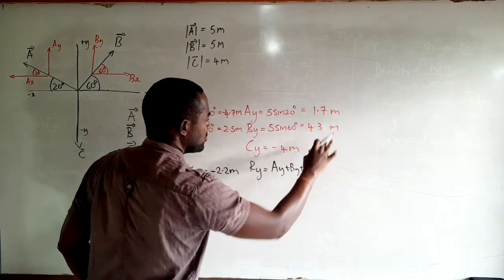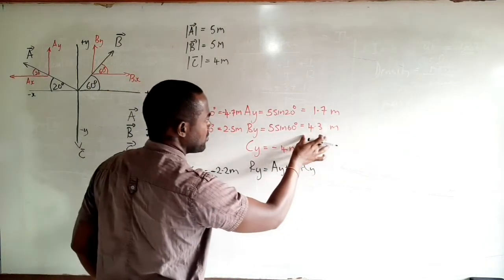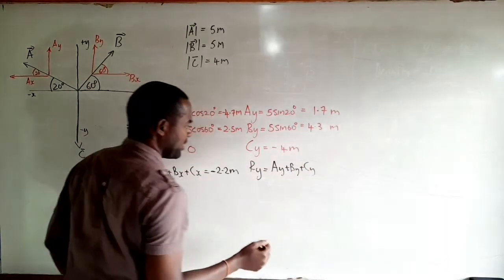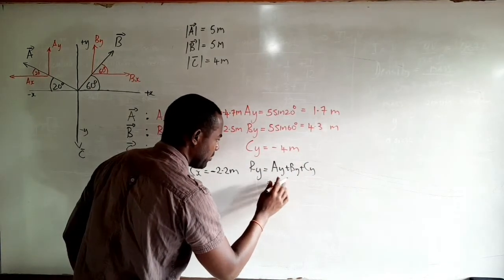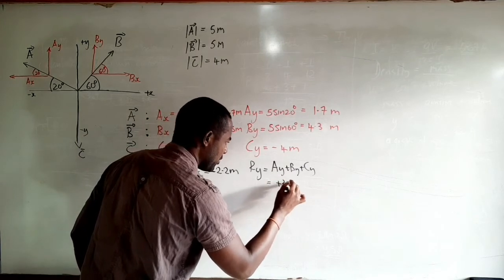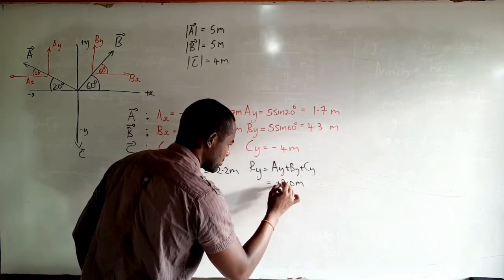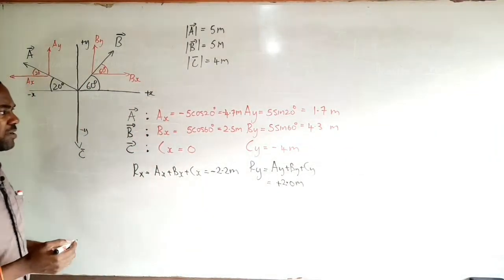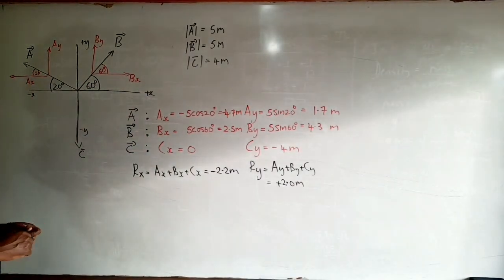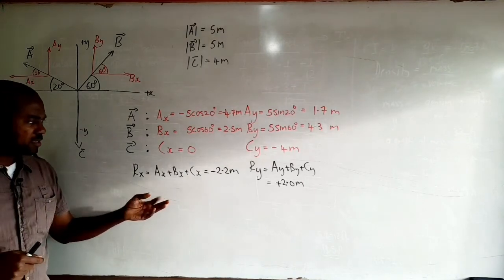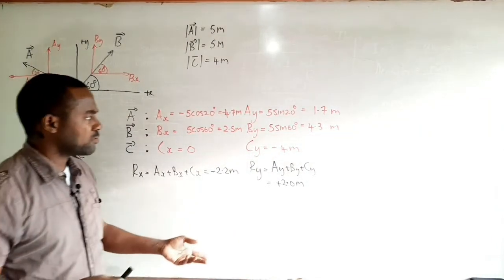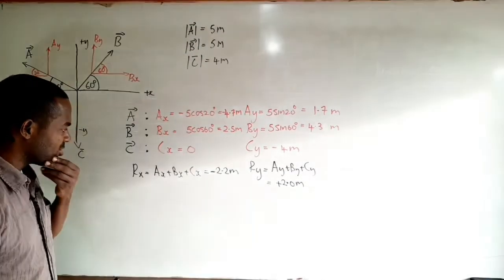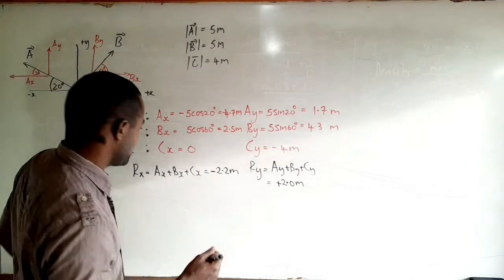So 1.7 plus 4.3, that is 6. 6 plus minus 4 is equal to plus 2.0 meters. So now that we've managed to reduce these components to a single component in the x and y direction, we can represent them on the diagram and use Pythagoras' theorem to find the resultant. So let's proceed to do this.